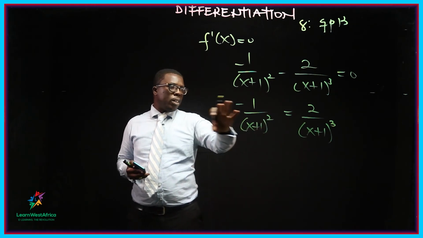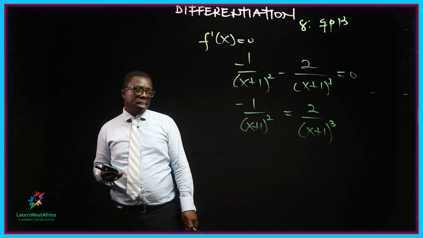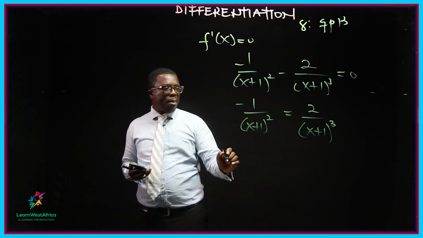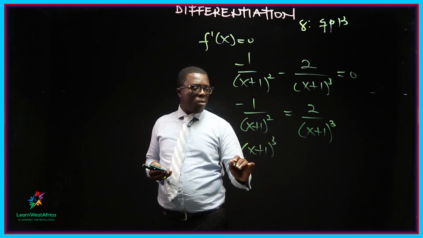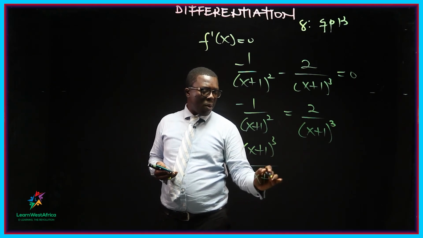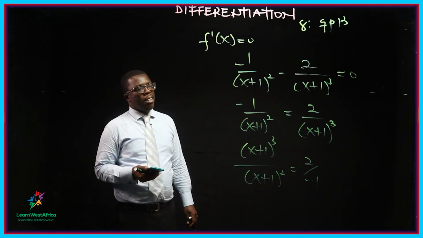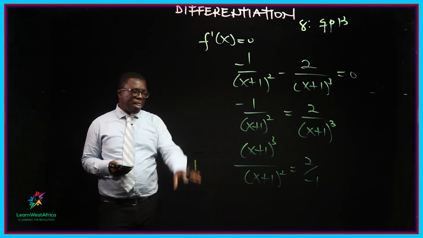We can bring this one here, bring the negative down there. It doesn't really change a lot of things, yeah. So we're going to have our (x plus 1) all cubed all over (x plus 1) all squared is equal to 2 over minus 1. Are you okay? Just look at it, you should be able to understand the rearrangement.